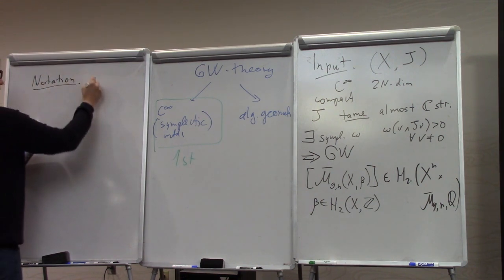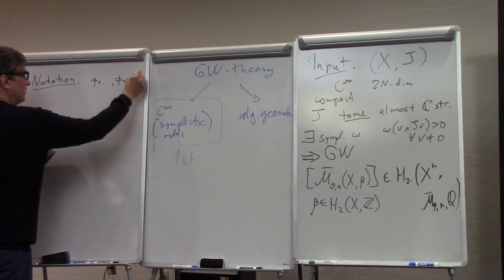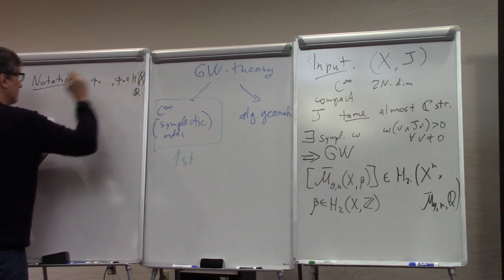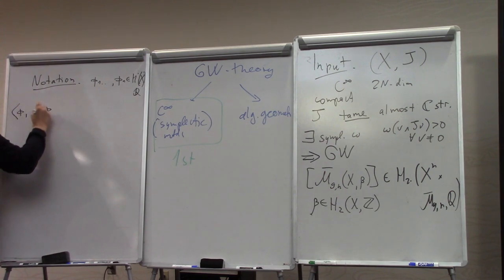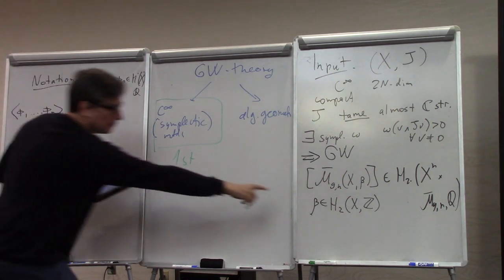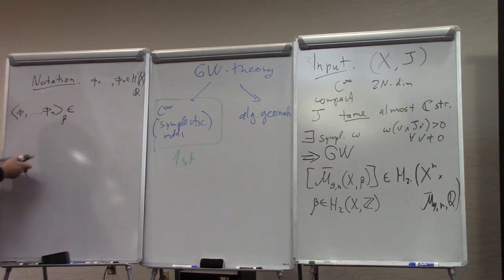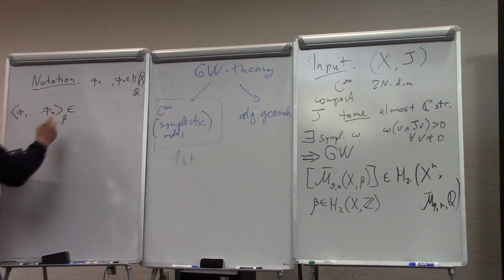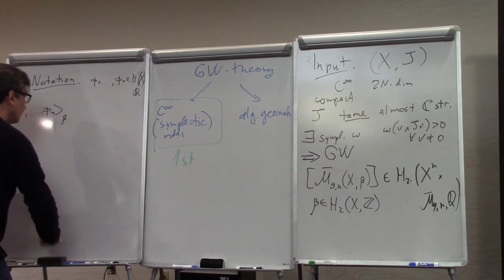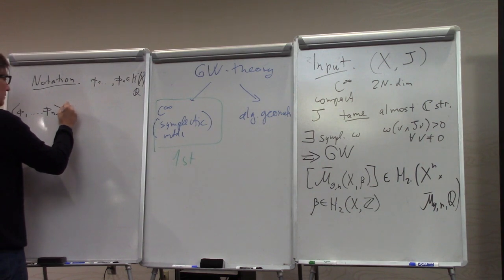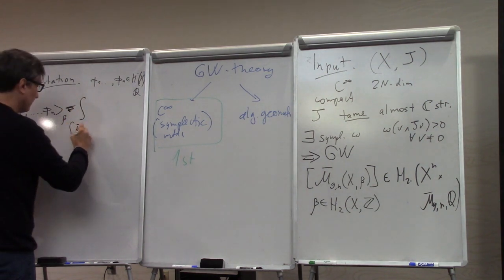And so I'll just use some notation. If I have some elements phi_1, ..., phi_n in cohomology of X with rational coefficients, and I have this degree beta of my curve, then I get a rational number, which is equal to the integral of the fundamental class of the moduli space.